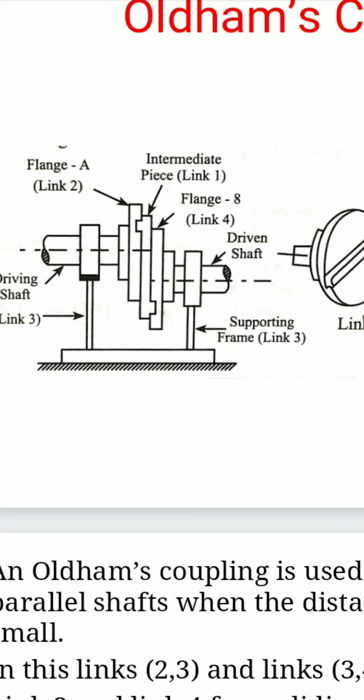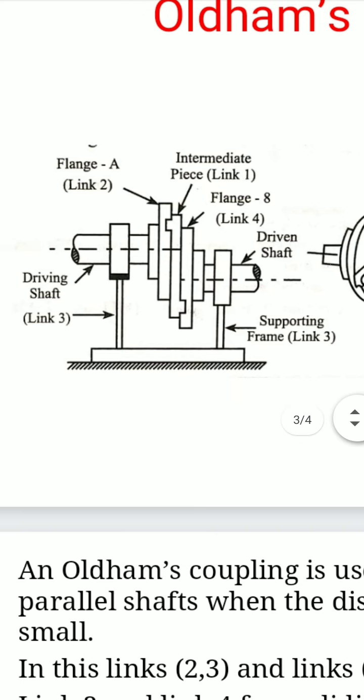In this, you can see the driving shaft here. When the driving shaft is rotated, the flange A connected to the driving shaft also rotates with the same angle. The flange A is connected to the driving shaft, so naturally when the driving shaft is rotated, flange A will also rotate with the same speed, which is link 2.